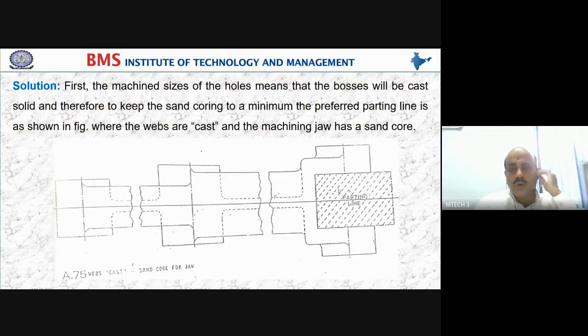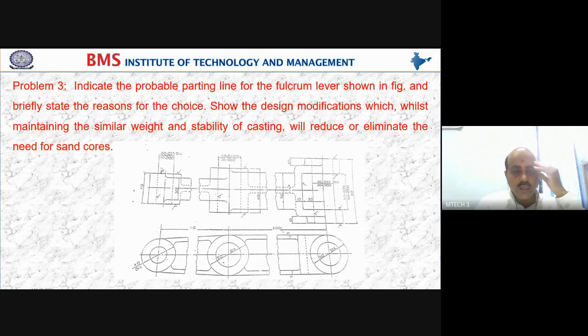One thing you have to understand here is that the bosses are being cast solid. Why? When you look at the holes, it is around 20 millimeters on the left part, and in the center we have a 30 millimeter diameter.